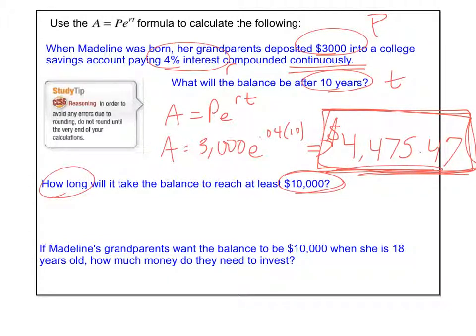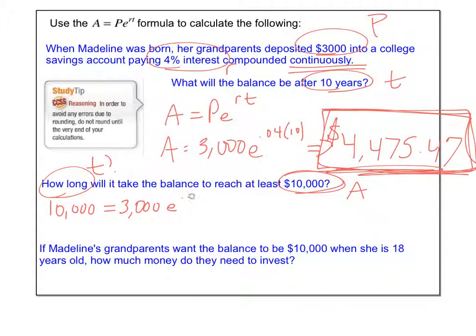How long? Time. That's what we're solving for now. If we're solving for something that's in the exponent and we have base e, we can assume we're going to be taking the natural log of both sides. How long will it take the balance to reach $10,000, the amount at the end? So here we go. $10,000 equals my principal, $3,000, times e to the rt.